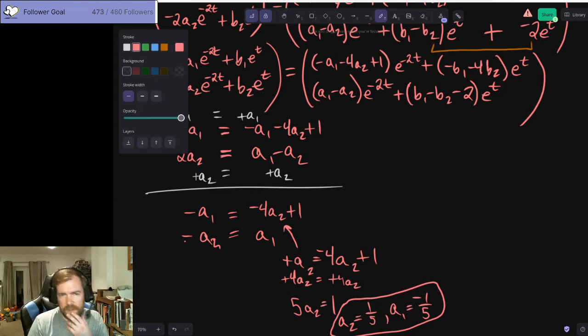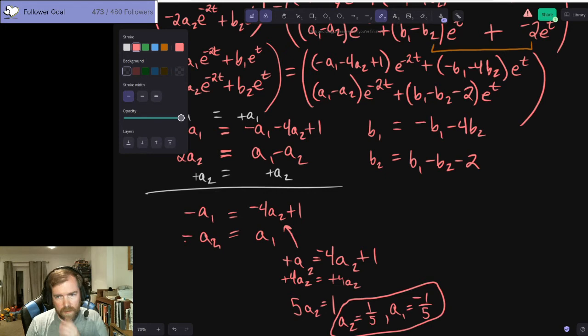So same deal here. This is going to be 1b1 and 1b2 equal to, respectively, negative b1 minus 4b2 and b1 minus b2 minus 2. Same deal.